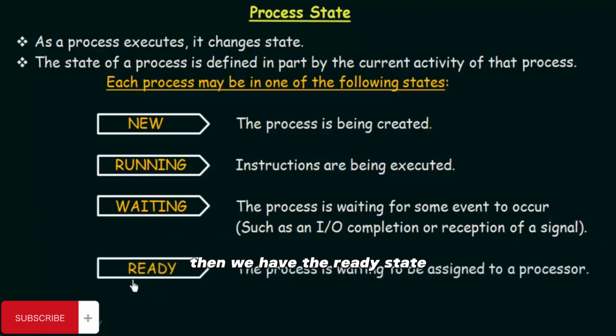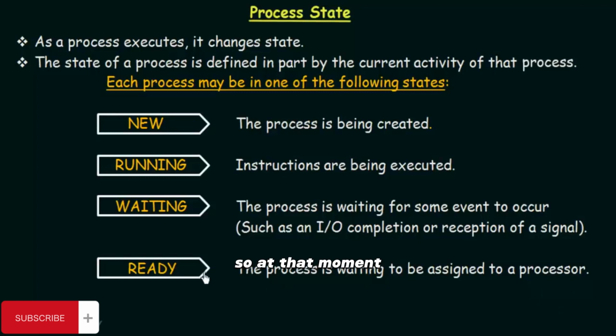Then we have the ready state. Now let's see what this is. The process is waiting to be assigned to a processor. When the process has been created, the new state is already over, and it is not yet running. After the process is created, and before it starts running, the process has to be assigned to a processor so that it can start its execution.